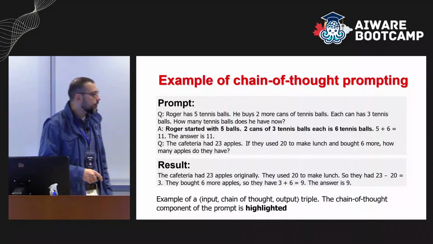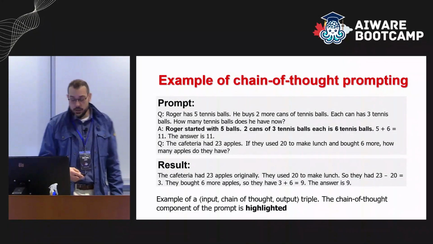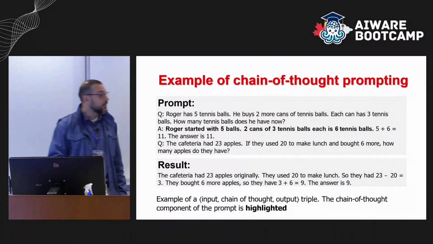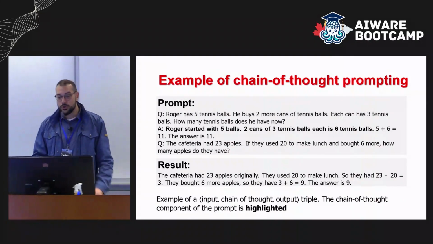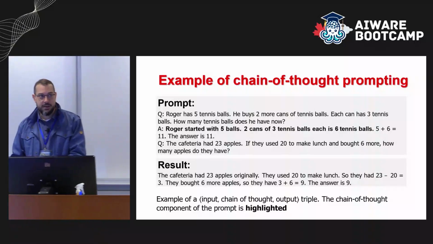So we're seeing an example of an input, a chain of thought, and an output. So there are multiple of these components in this prompt particularly. And the chain of thought component, on the triple, is actually here, all right. So that's pretty much what you do to enable the model, or to nudge the model, to reason before arriving at an answer.